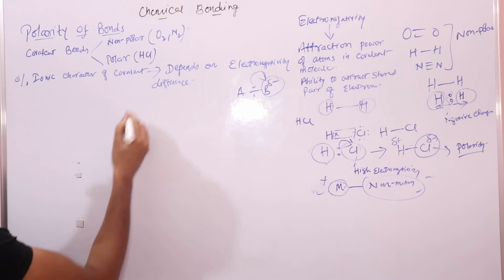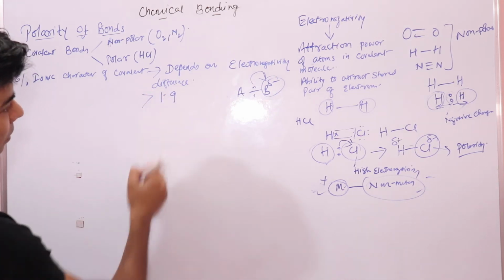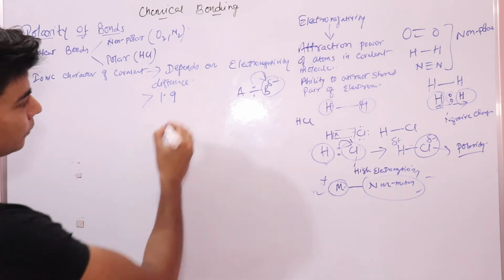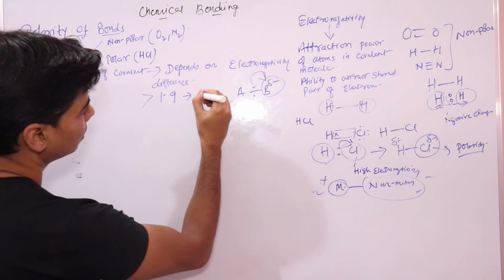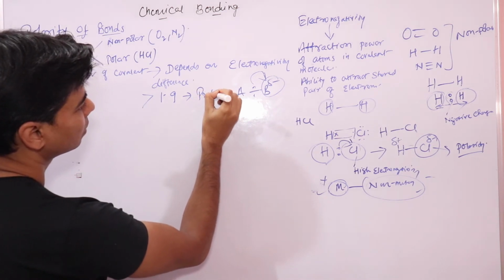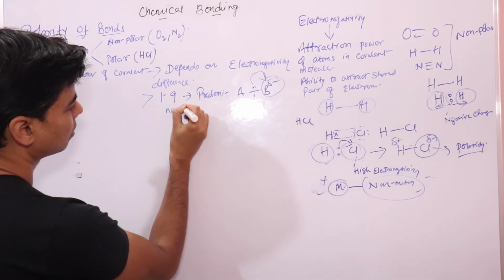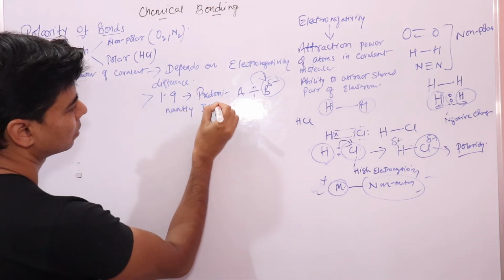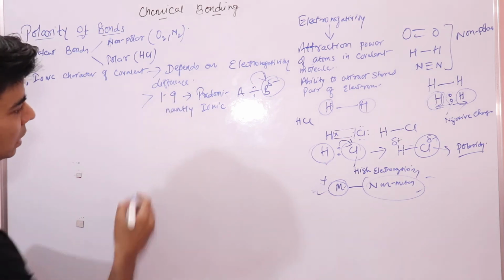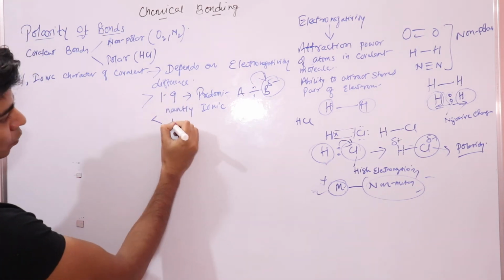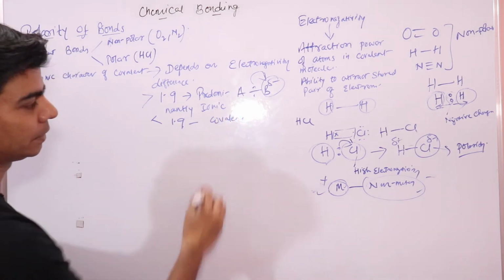Now, if the electronegativity difference goes more than 1.9, then this bond is predominantly ionic, right? And if the electronegativity difference is less than 1.9, then the bond is predominantly covalent.